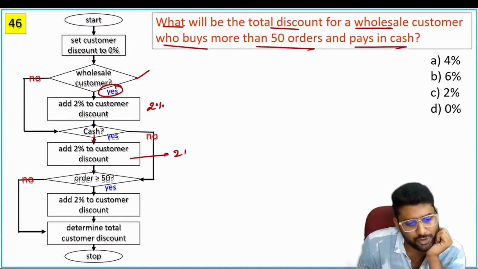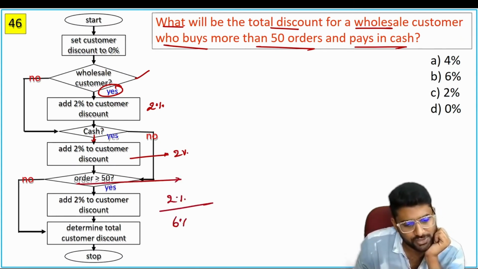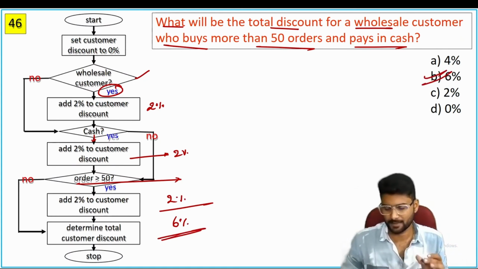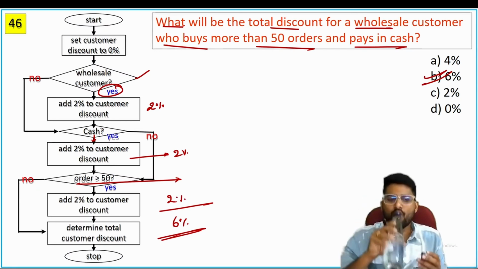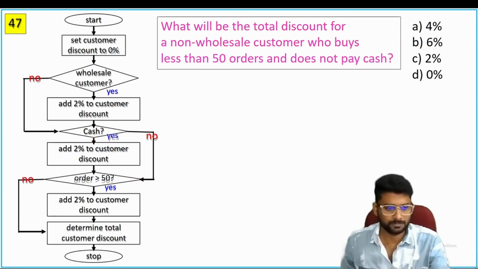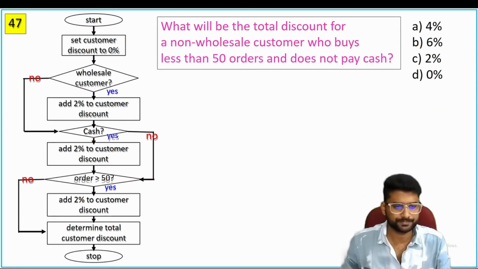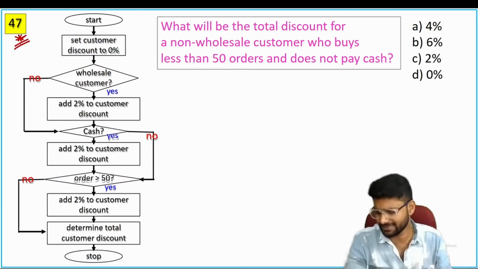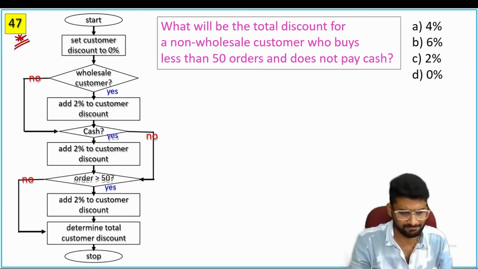Again, that person will get 2% discount. And that person orders greater than 50, again you will get 2 more percentage. So total, if you understand the whole procedure, that person will get 6%. Guys, I'm just leaving this question for you. Again, try that question and post your answer in the comment section.